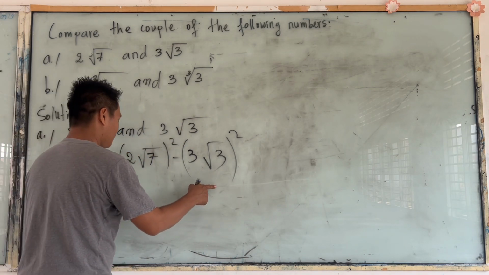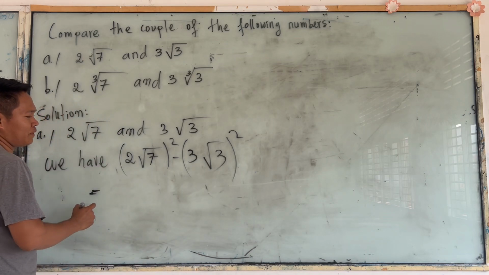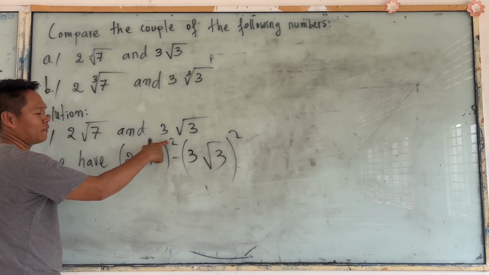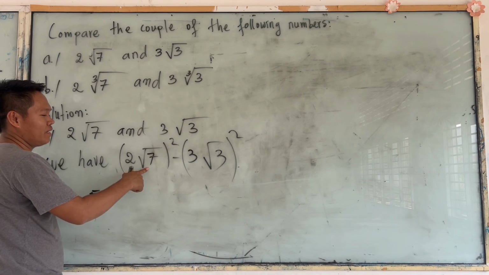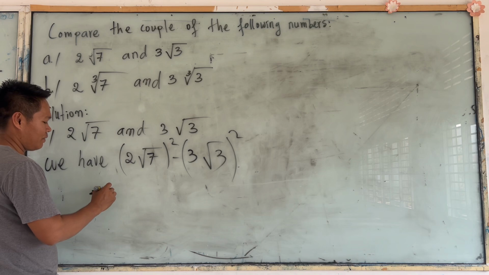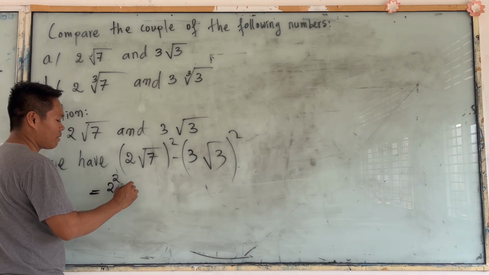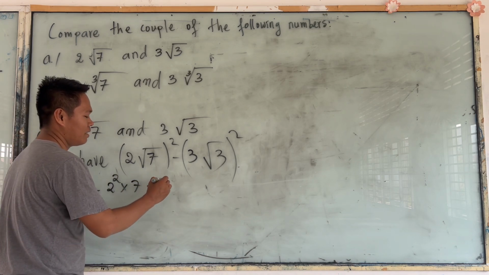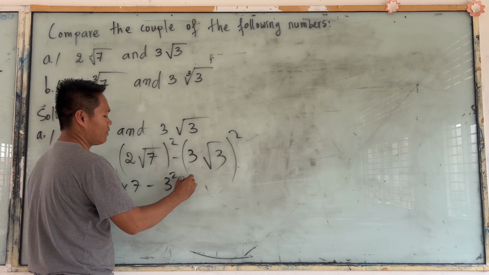From this, I can say it equals 2 power 2, which is 4, and the square root of 7 power 2 gives 7, so it is 2 squared multiplied by 7 first. And this one is 3 squared multiplied by 3.